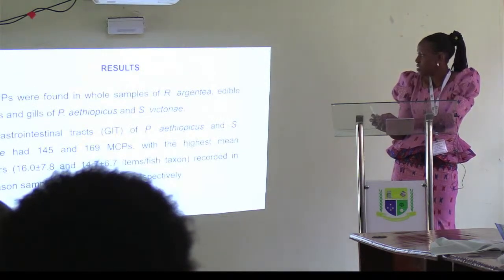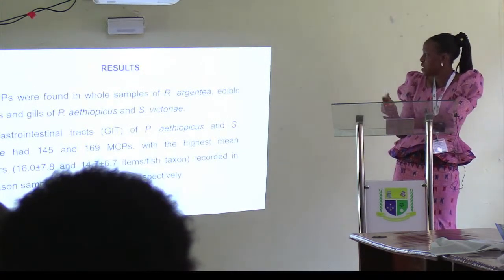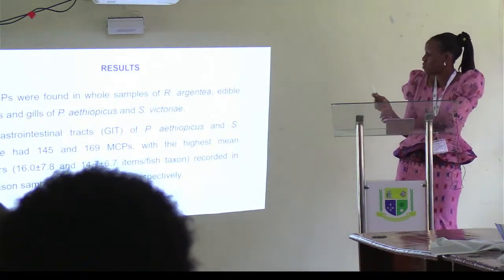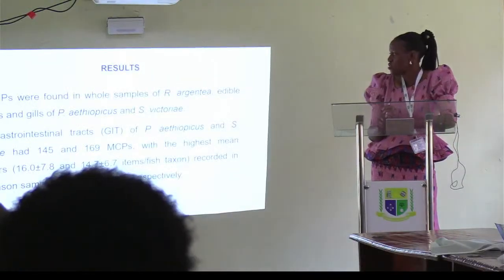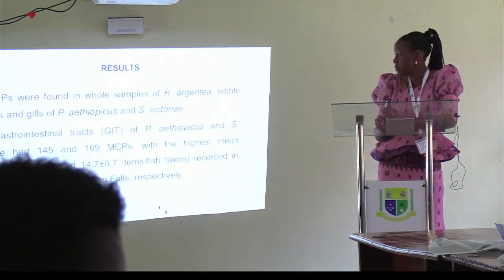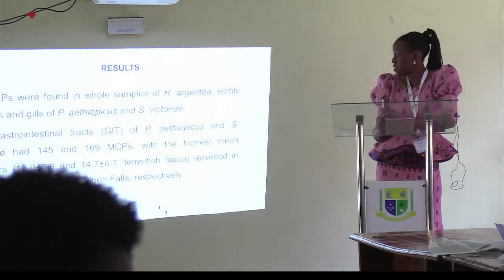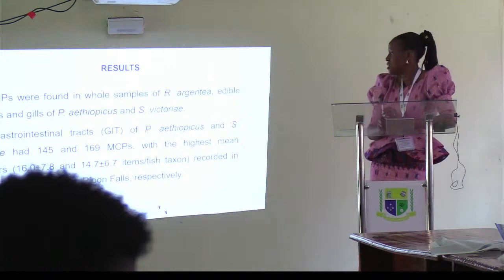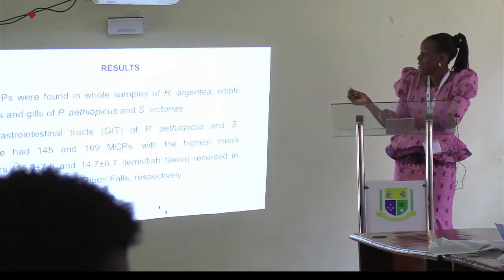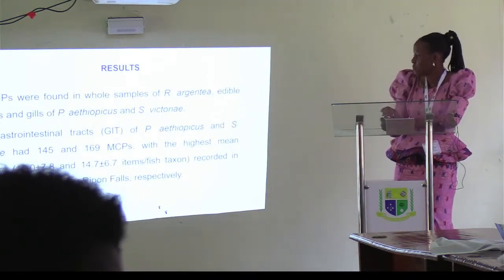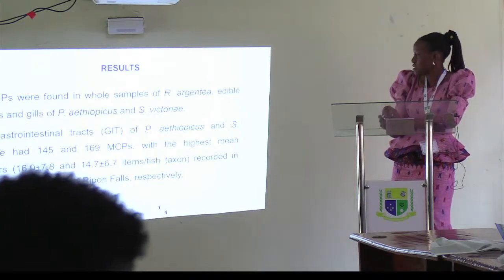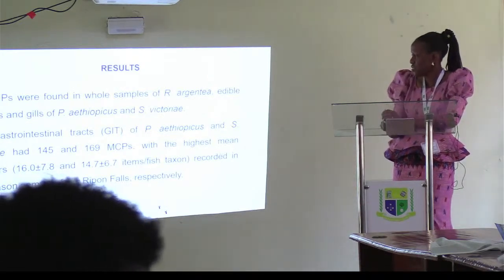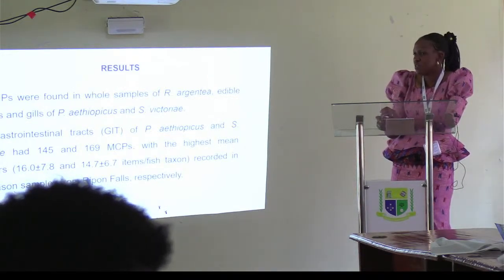So from this, when we look at the whole samples and the muscles and gills, so far we didn't find any microplastics, which was different from the GIT. Here there are high amounts of microplastics for the dry season.